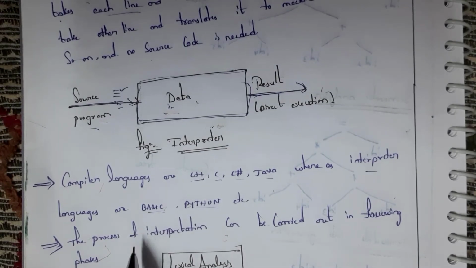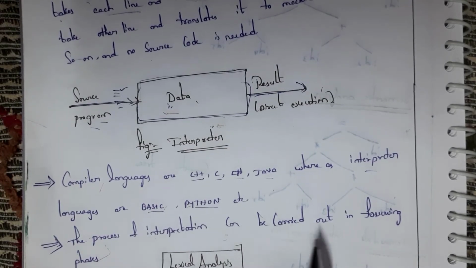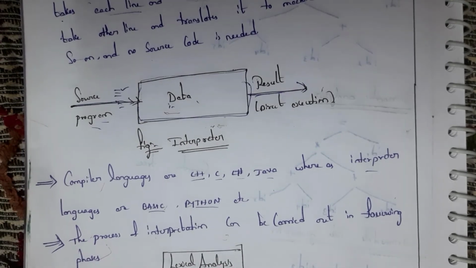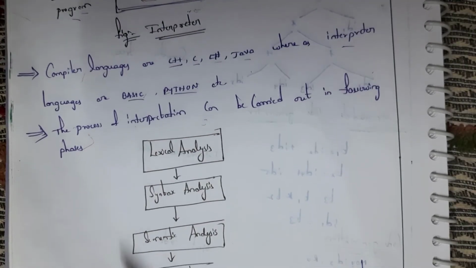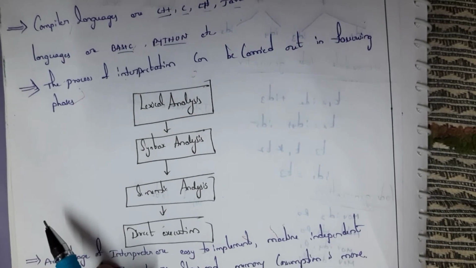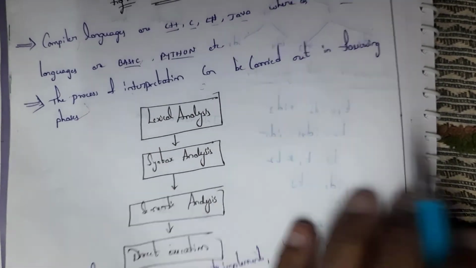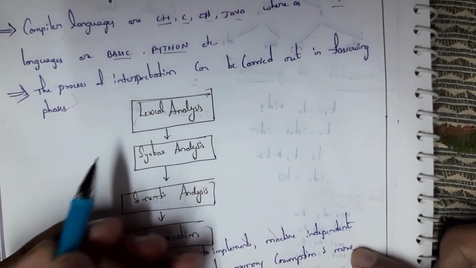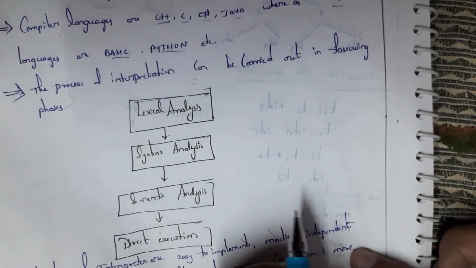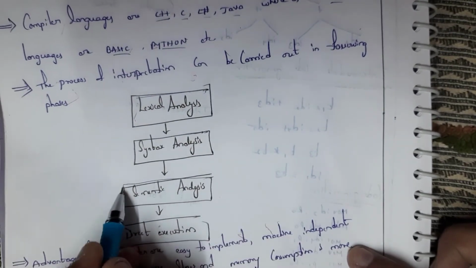The process of interpretation can be carried out in the following phases. There are 4 phases needed in order to carry out this interpretation. First one is lexical analysis, second one is syntax analysis, and third one is semantic analysis.